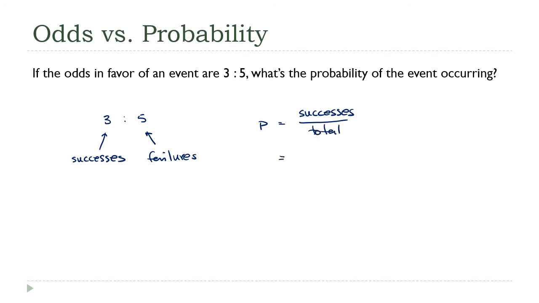I know the successes already. That's 3. What's the total? Well, success and failure are the only two possible results. So if I got 3 successes and 5 failures, then the total must have been 3 plus 5, or 3/8. And that's it. There's my corresponding probability.